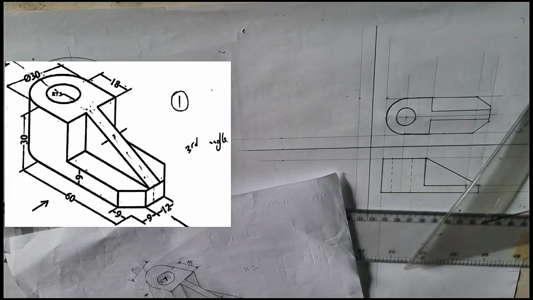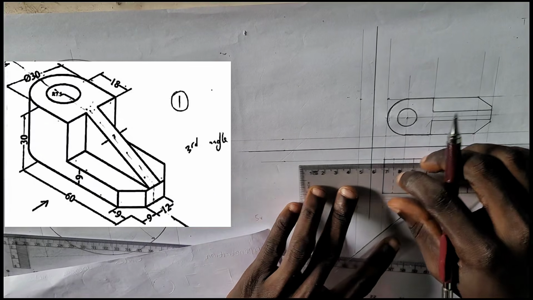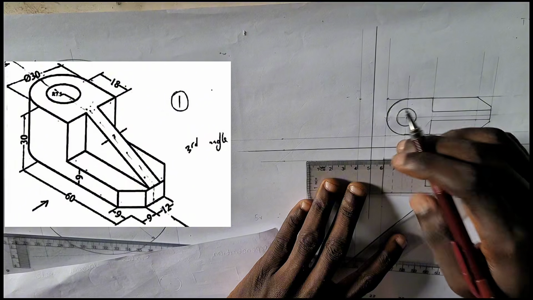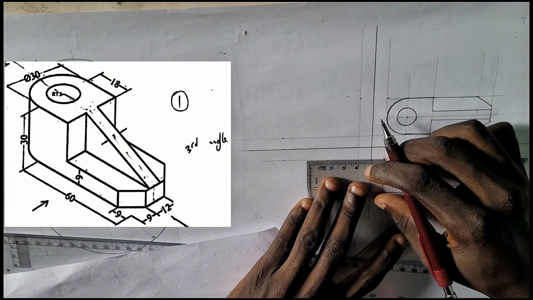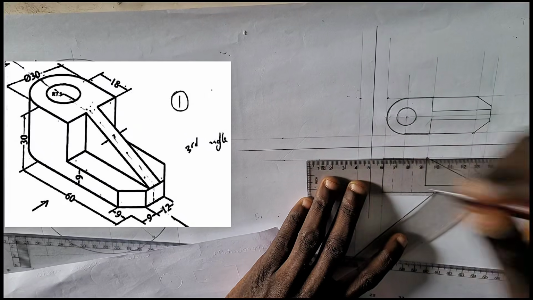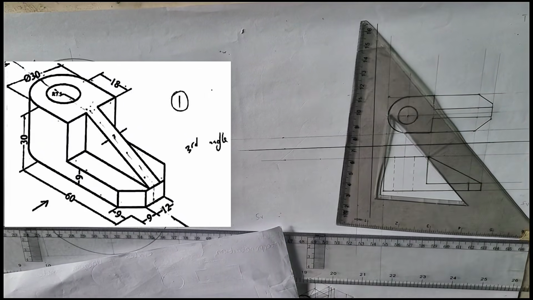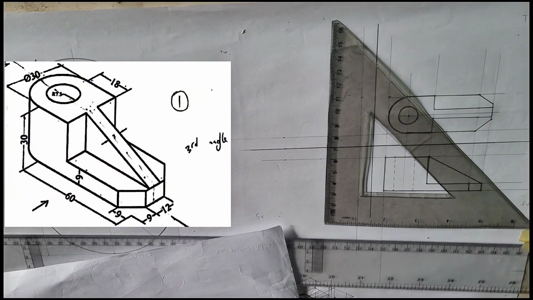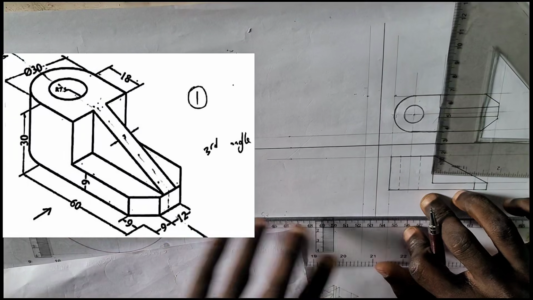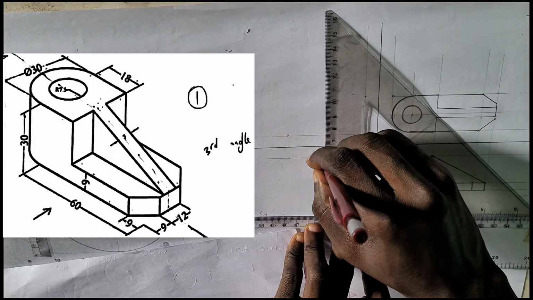So let's do that. Let's measure 30 here. So this is 30. Okay, then let's draw a vertical line and extend it upward.